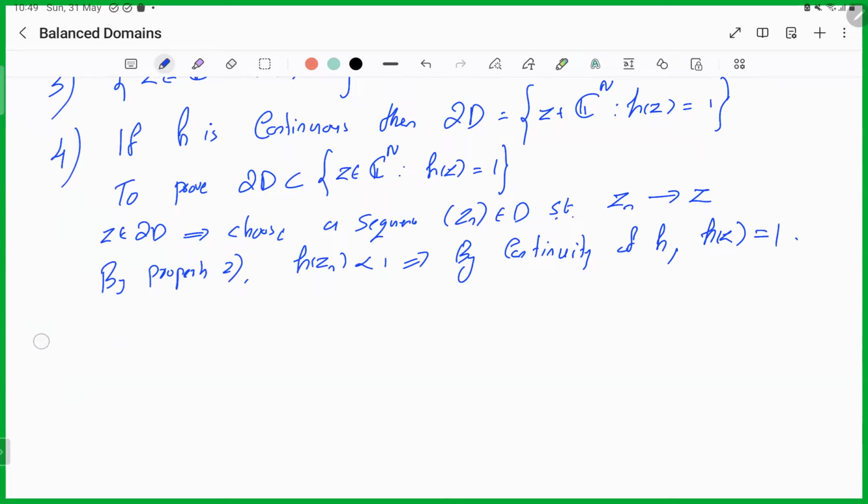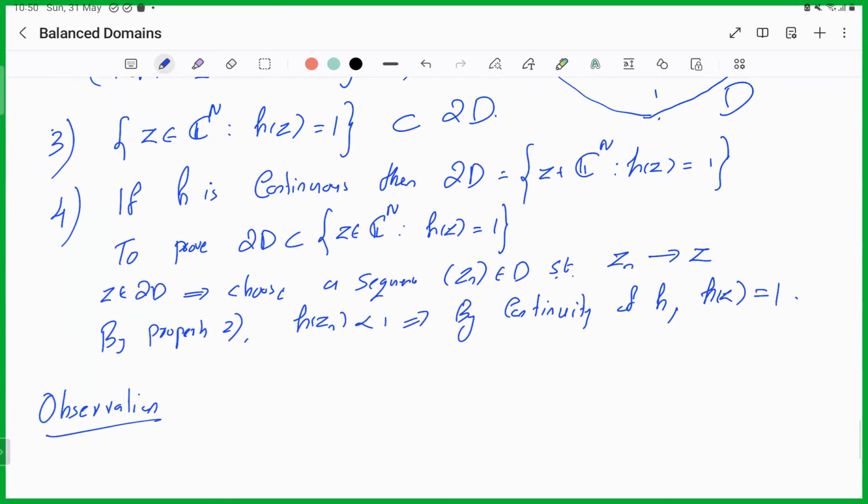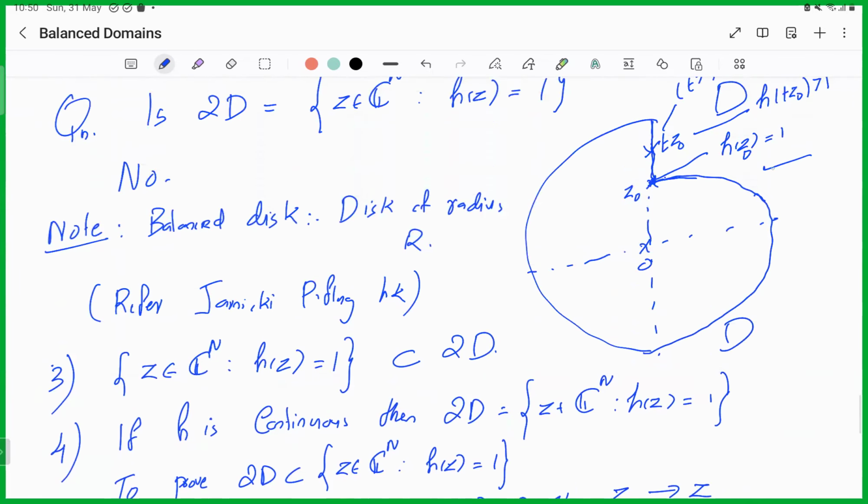I will call it an observation. Here is the problem in this domain. The problem is this ray. We take a ray, consider the ray spanned by t Z0.